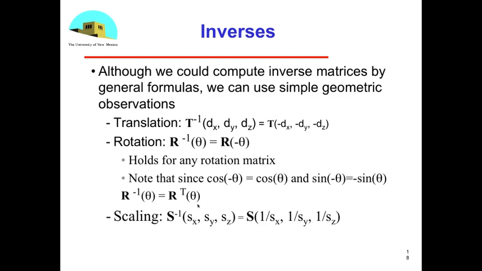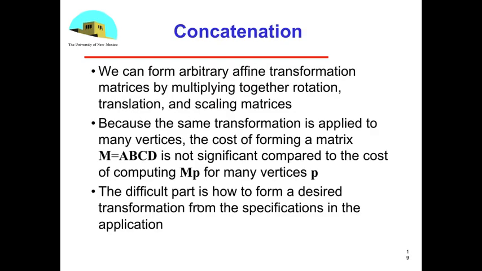Okay, so now we have the basic matrices other than shear, which we'll come to a little later. And now we want to look at what happens when I multiply them together, or the word mathematically is I concatenate those matrices together. One of the things you can first argue kind of inductively is that if I multiply an affine matrix by another matrix which is also affine, the result is affine.